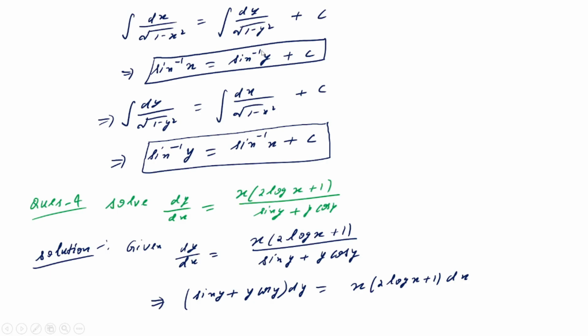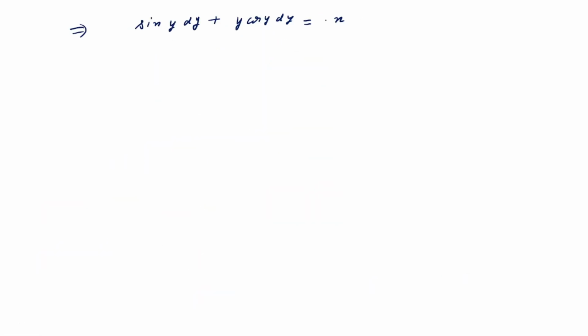So this implies that open all the brackets: sine y into dy plus y cos y into dy equals 2x log x dx plus x dx.